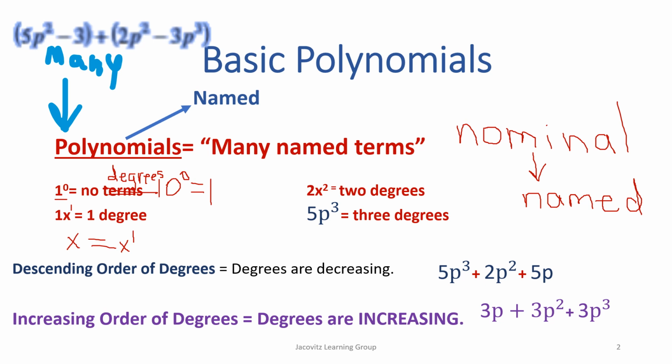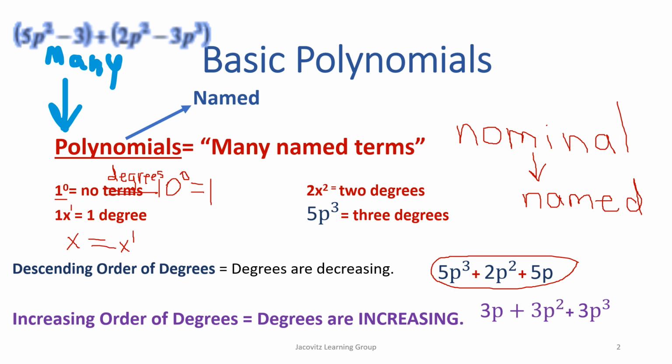Okay, when you do descending order, this is probably the most preferred way that terms are written, which means they're going from the highest to the lowest. When you do increasing order, that means they're going to increase as they go up.